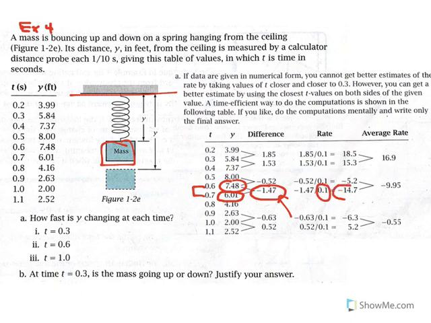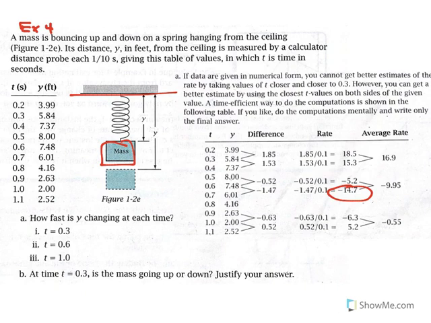So the average rate of change of the distance from the ceiling with respect to time on the time interval from 0.6 to 0.7 seconds is negative 14.7 feet per second, which means the distance from the ceiling at that time is decreasing because the average rate of change is a negative value.